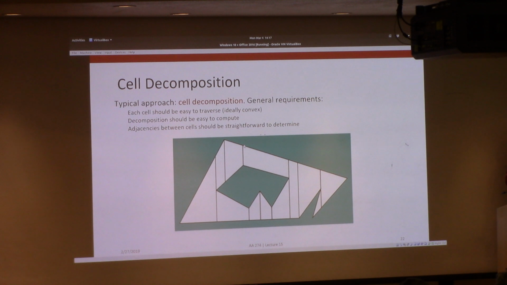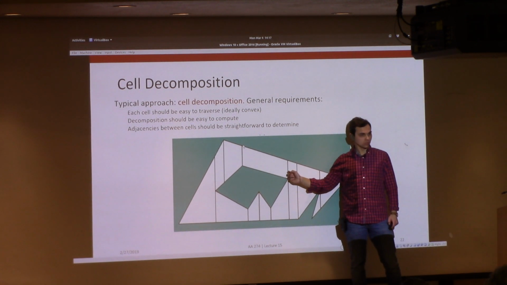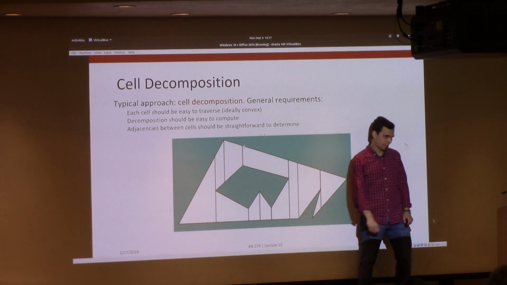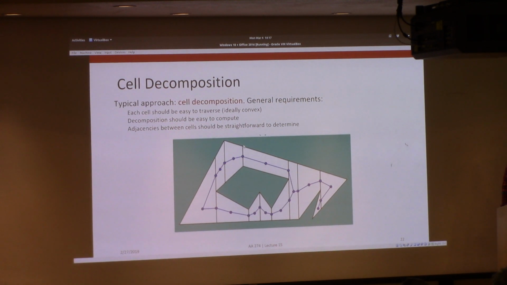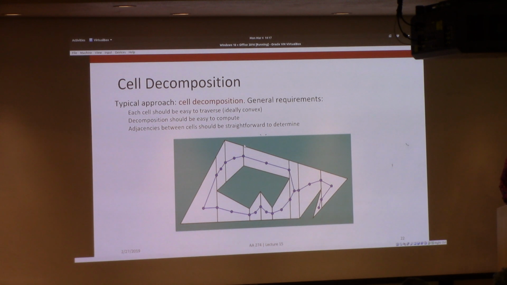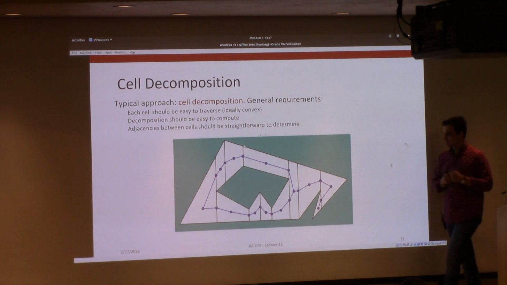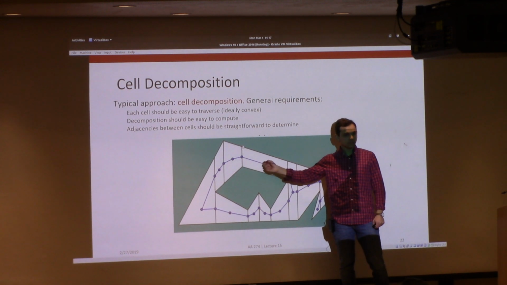Okay. So now that we decomposed the free space into trapezoids, we can also tell which trapezoids are neighbors to which other trapezoids. For instance, this is a trapezoid that is neighbor to this trapezoid. Okay? And all those trapezoids induce a discrete graph that is similar to the graph that we had earlier. Okay? Again, we can represent each of those trapezoids as a vertex in the graph.